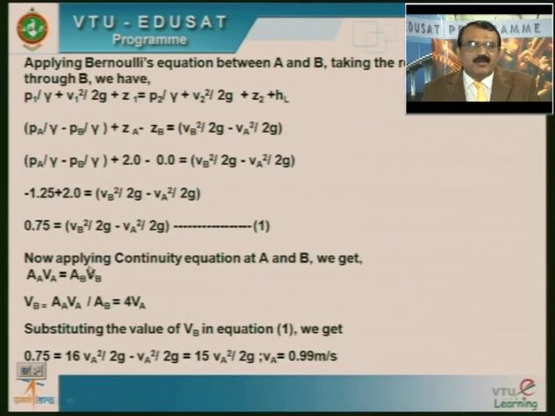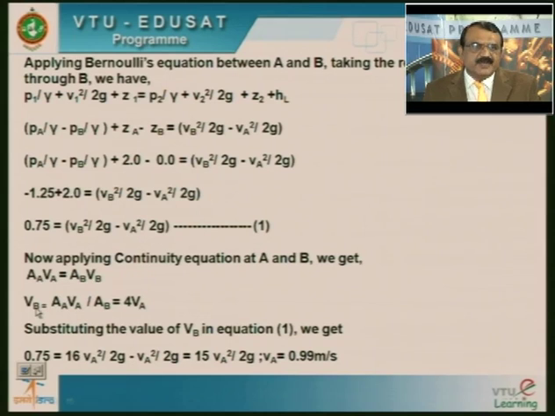Now, applying the continuity equation between sections A and B, what is the continuity equation? Q is equal to Q1 is equal to Q2, which is A1 V1 is equal to A2 V2. Now in this case, 1 is represented as A and 2 is represented as B. Therefore, AA VA is equal to AB VB.